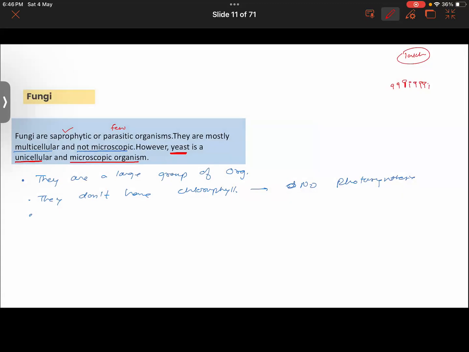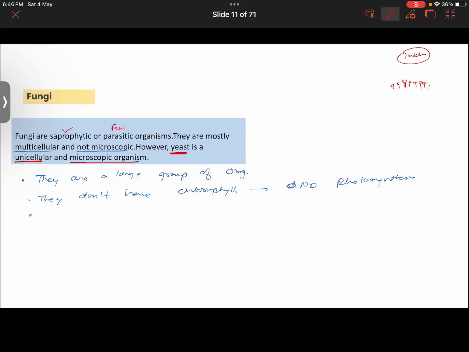Then we also talked about fungi. What are the uses of fungi? Quickly, we are just revising and we have to discuss more topics. For making antibiotics, in baking.